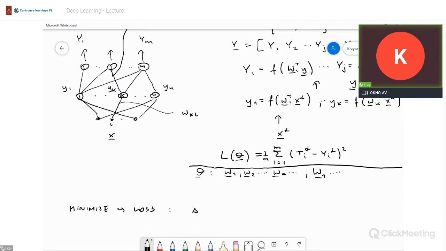In general, these will be theta in the opposite direction with respect to the gradient of my loss with respect to this parameter. This is a general statement, and it is exactly the same as what we discussed before when talking about the training of any other algorithm.